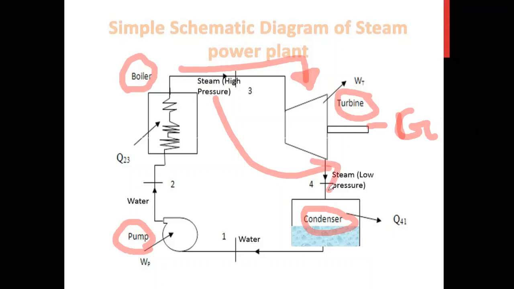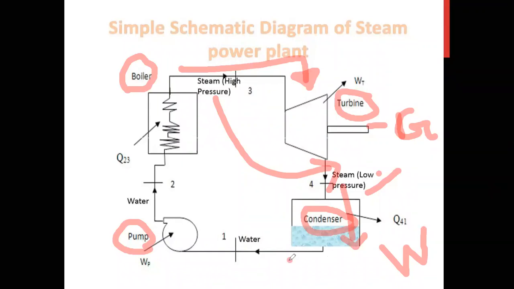After that, the steam becomes low pressure, low temperature steam, because it was high pressure, high temperature steam. After flowing through the turbine, it becomes low pressure. Now this steam is sent to the condenser, where it becomes water. The condenser is like a fridge. It releases the heat and becomes water.